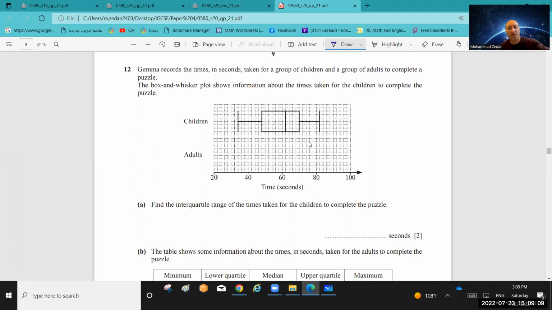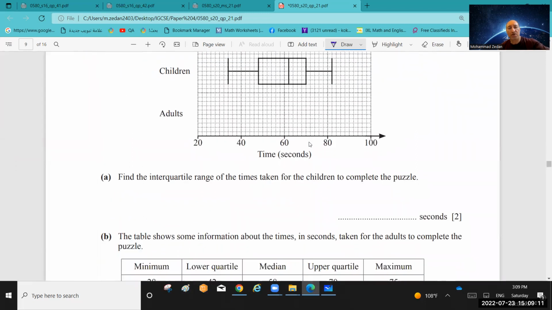Interquartile range is Q3 minus Q1. Upper quartile, this is Q3, and this is Q1. This Q3 is 70, the midpoint between 60 and 80, and this point here is 48. So 70 minus 48 is 22.